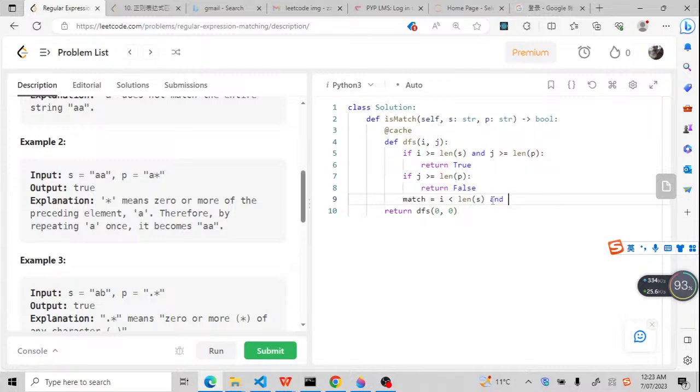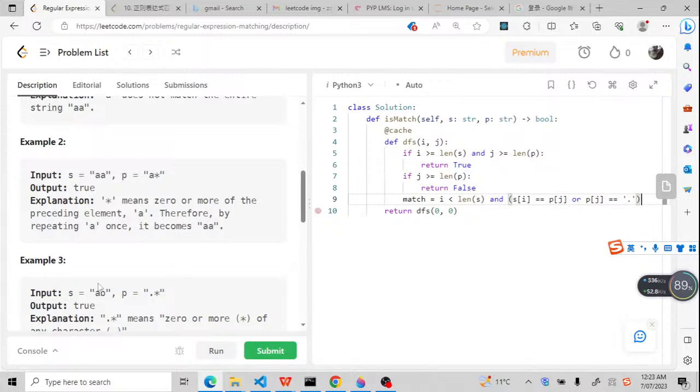And here is the condition: if S[i] equals P[j], or P[j] equals dot. This is easy to understand because the dot and the characters being equal is easy to understand.